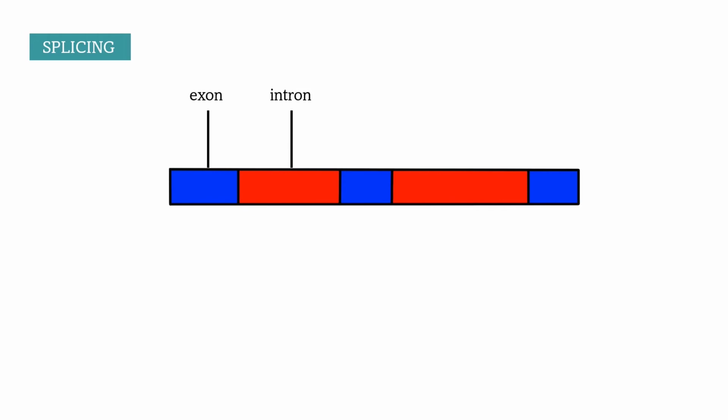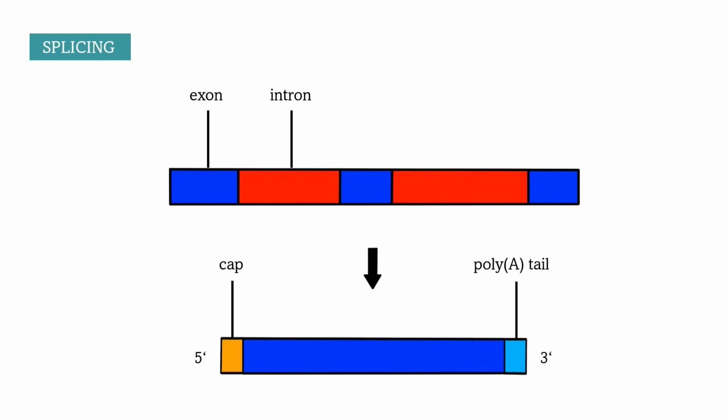Exons, on the other hand, are coding sequences containing these instructions. As introns do not code for proteins, they need to be removed, and this is done during the process of RNA splicing. During this process, introns are removed from the RNA molecules and exons are put together.